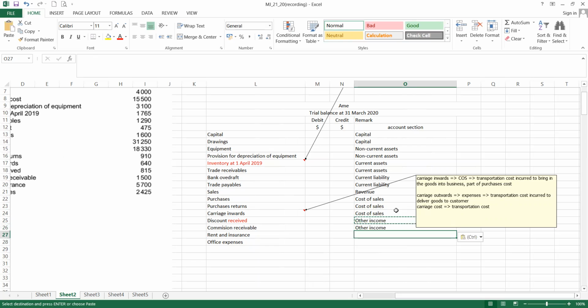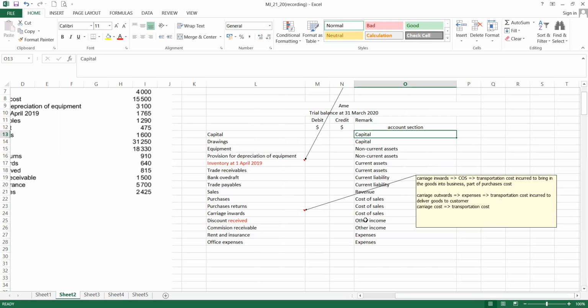Commission receivable is also under the other income section. Next is rent and insurance under expenses, which you need to pay every year. Office expenses, behind it has expenses, understood as an expense.